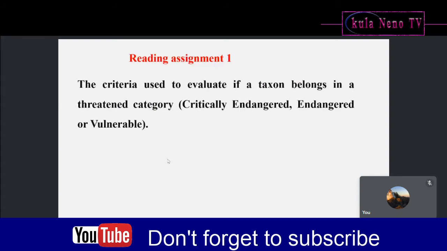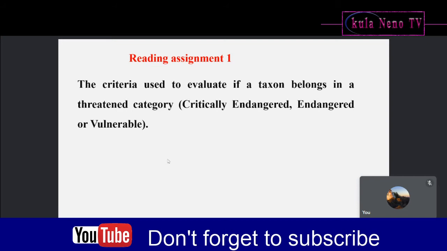The first reading assignment concerns the evaluation of species as to whether they are critically endangered or vulnerable. Can you look at the criteria that is being used to evaluate whether a particular species is critically endangered or vulnerable? What are the criteria? I have already highlighted.